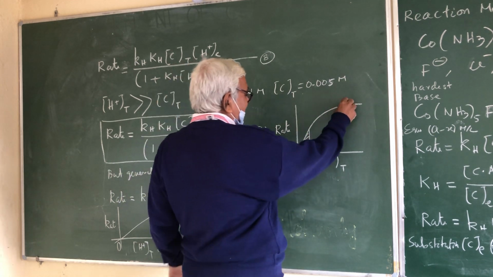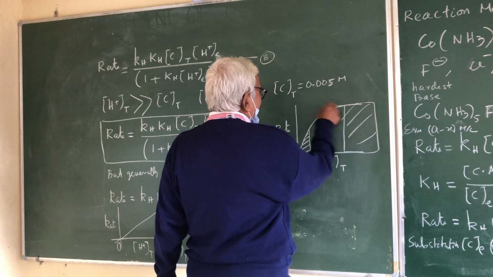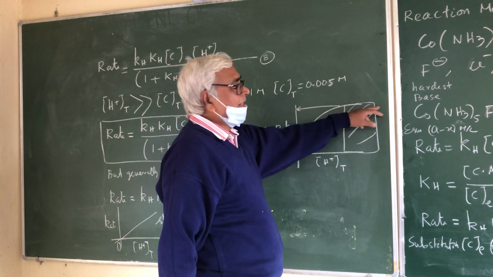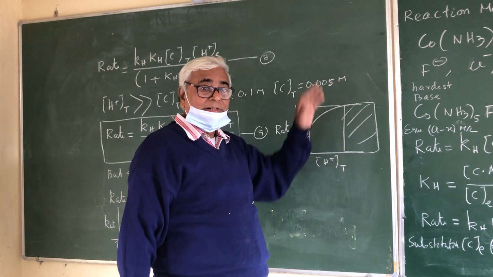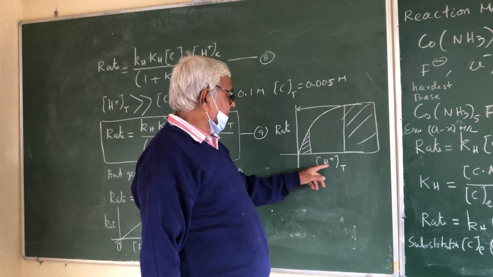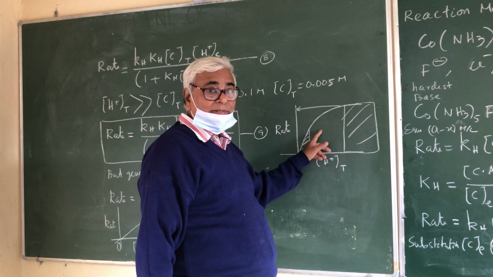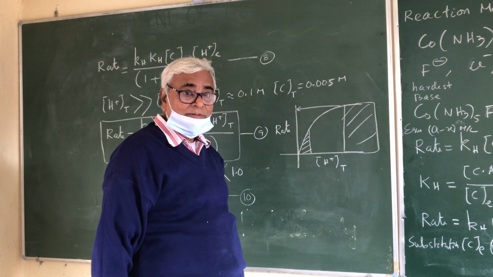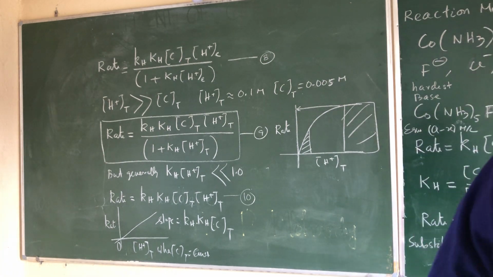If the hydrogen ion concentration is high, then this will show zero order dependence. In this region there is zero order dependence, because by increasing hydrogen ion the rate is not increasing. But in this portion the rate is increasing when you increase hydrogen ion total. So here first order, here zero order, and in the middle region there will be fractional order, just like a Michaelis-Menten plot.